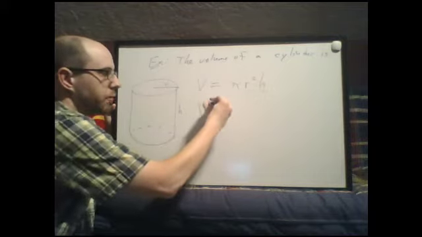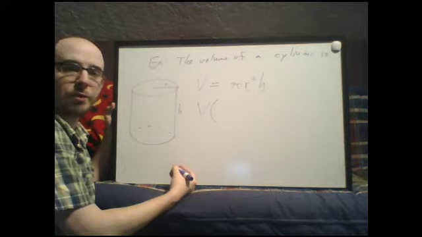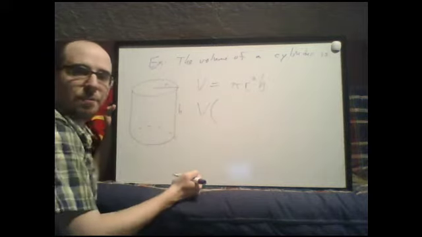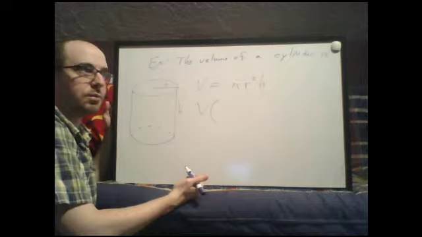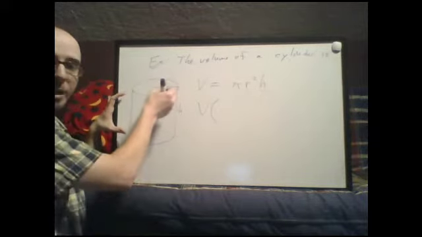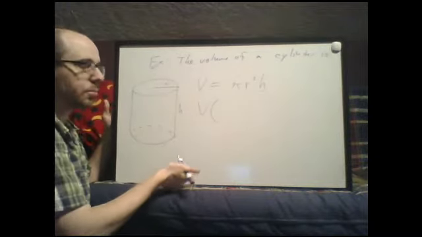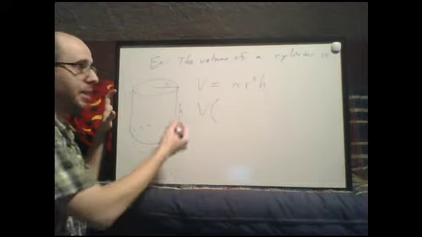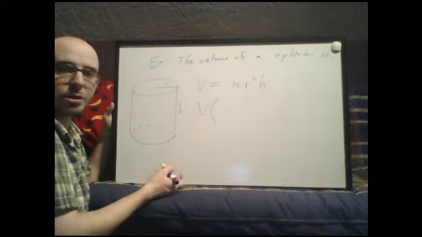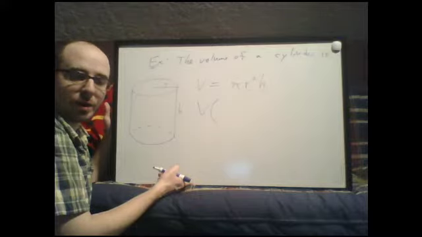So this is really a function, and the notation for it, when there are multiple input variables, like again, r and h, they're both input variables. They don't depend on each other. I can pick any number for h, and I can pick any number for r. Those are two separate choices. But once I choose those two numbers, that will determine V, the volume. So V is the dependent variable.